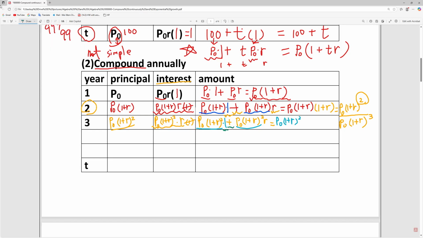So we have 1 plus R. And do you see that? Square and 1, so 1 plus R cubed. So we can see that, in the end of T years, your final amount will be P0 (1 plus R) to the power T.